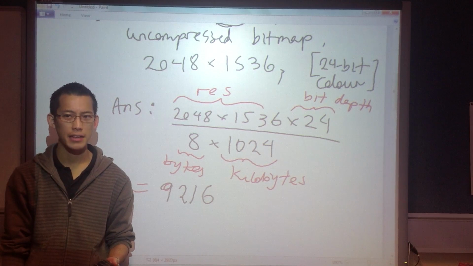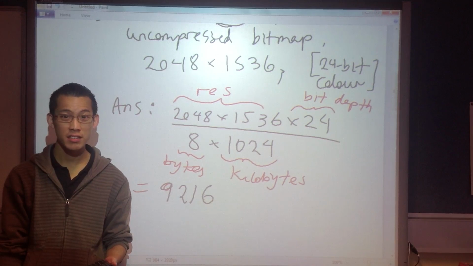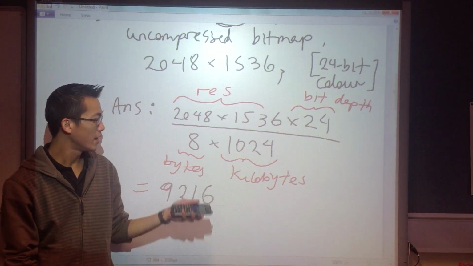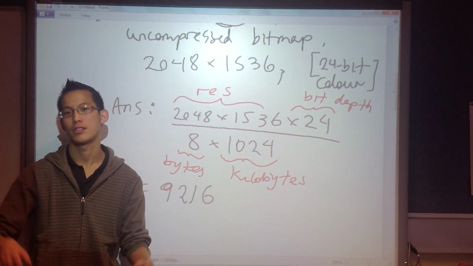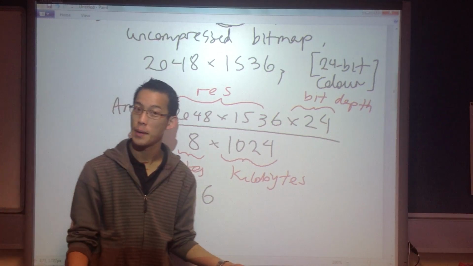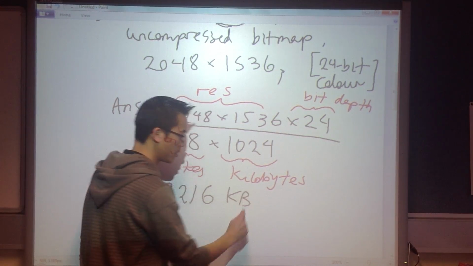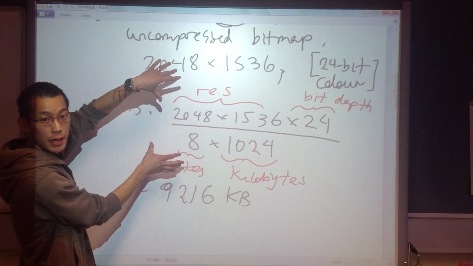It's like 9 megabytes. Do people think it makes sense? It does. The reason it seems so huge is because it's uncompressed. We're used to taking pictures that are compressed as JPEGs, but they're still a few megabytes apiece, so this is actually in exactly the right ballpark. Kilobytes. But anyway, you didn't actually need to work that out. This part up here, that's the important bit.